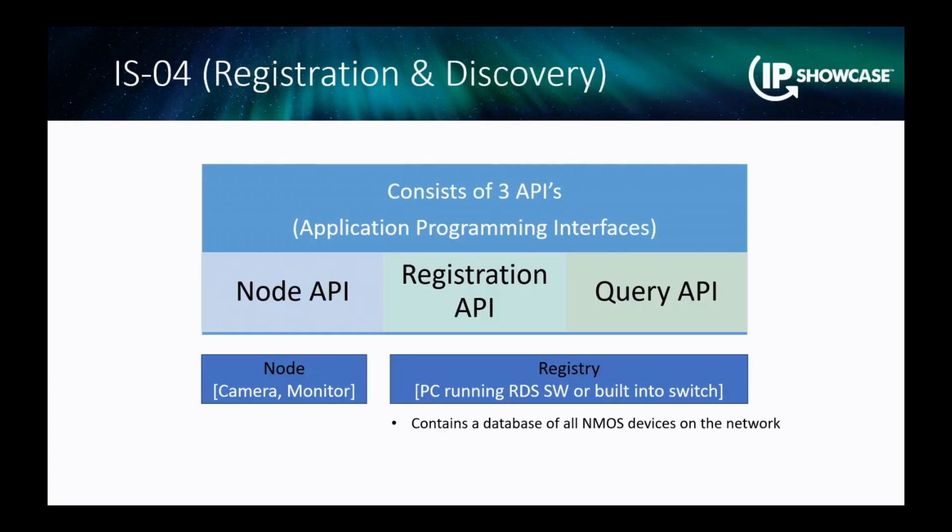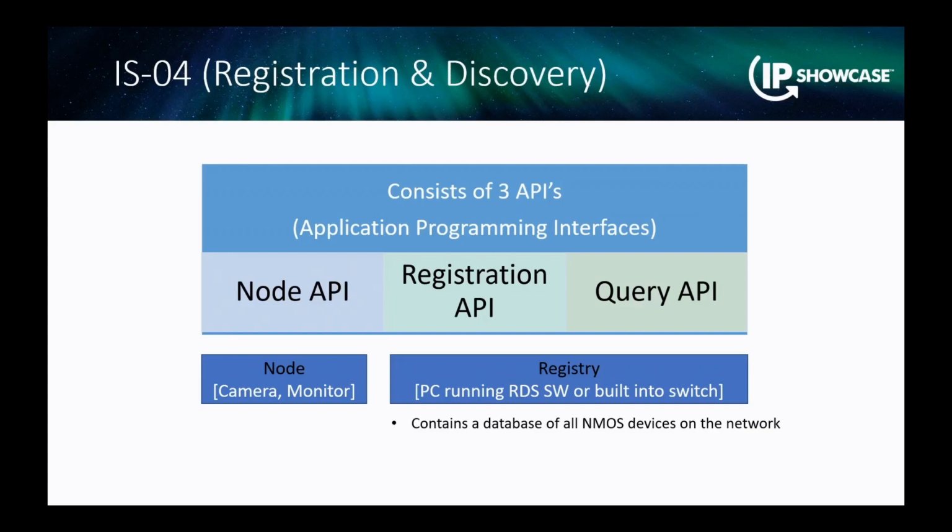Okay, so let's start at the beginning. IS-04 is the first part that was developed. It's the registration and discovery. This is the plug and play piece I was talking about earlier. How does my control system know that I've got a device out there? Well, there's this language specified through IS-04 that says, if I'm a node, I can talk to this thing called the node API, and I can tell it I'm a camera, I'm a monitor, this is my IP address, this is my colorimetry.